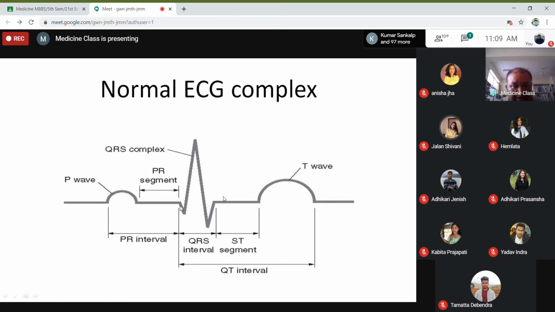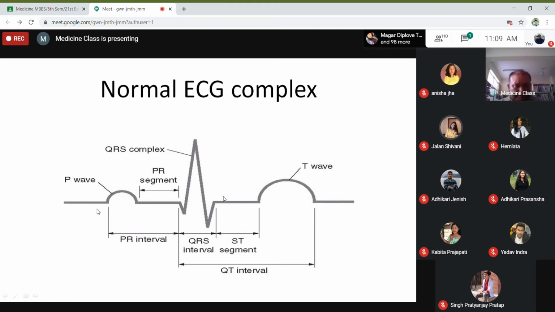This first small negative deflection is Q. This is R, and the second negative deflection is S. So this is the QRS complex. And there is a straight line again, and the T wave is also a positive wave. So you have got the P wave, the QRS complex consisting of Q, R, and S waves, and the T wave.